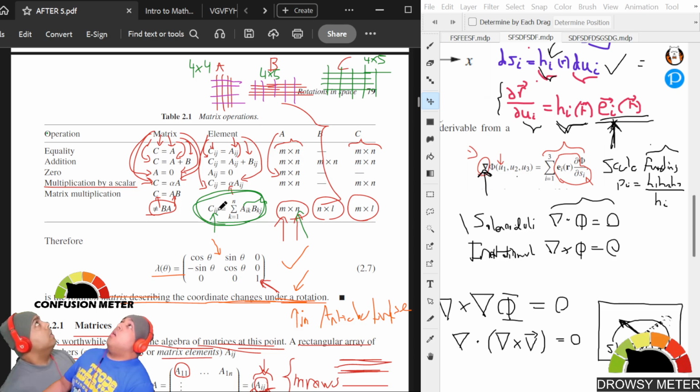So to get one element in C, you have to add up n things from the products of the elements of A and B, and those elements are specific: A_ik and B_kj.